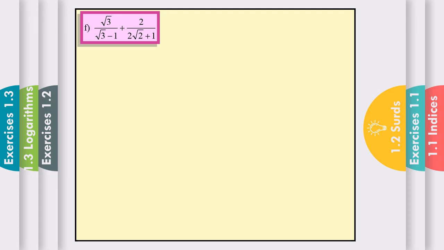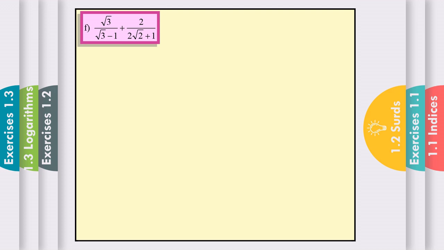Example F. So if we have two expressions here, you have to look at the conjugate separately. For the left part, we have square root 3 over square root 3 minus 1.